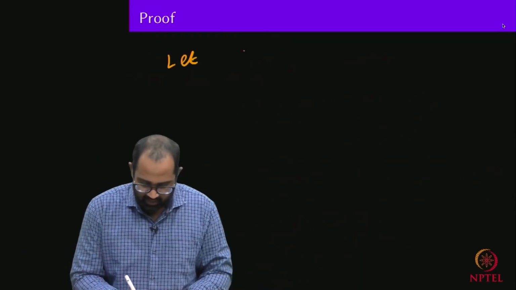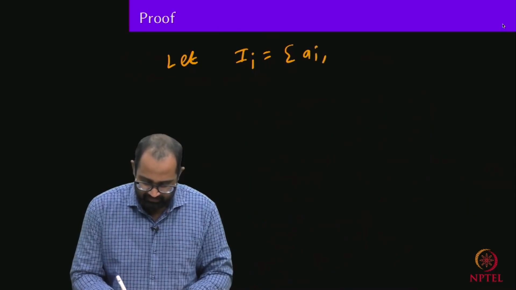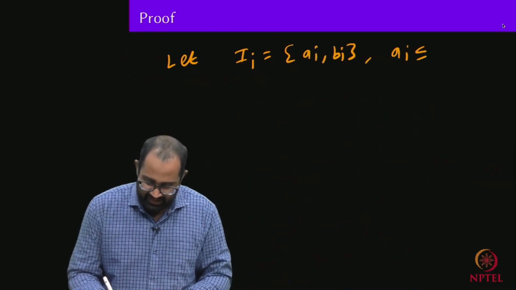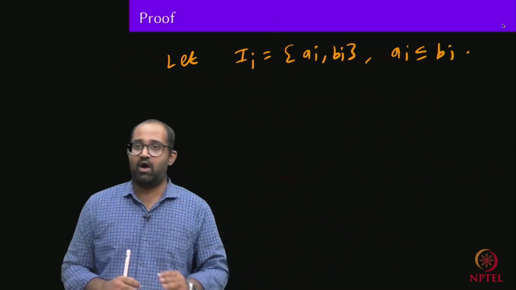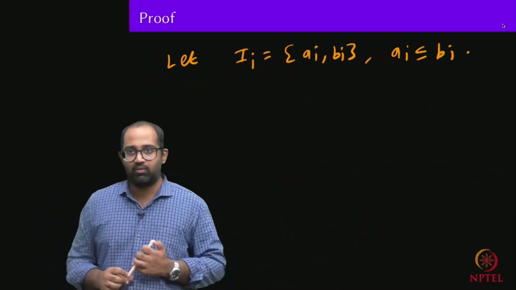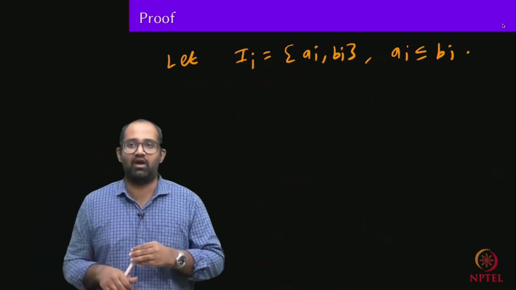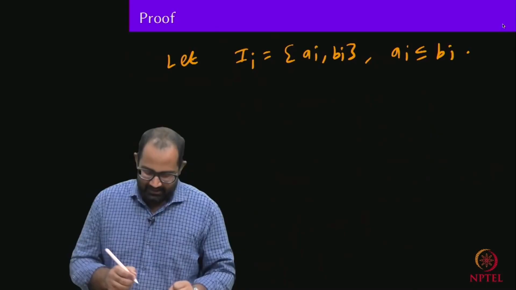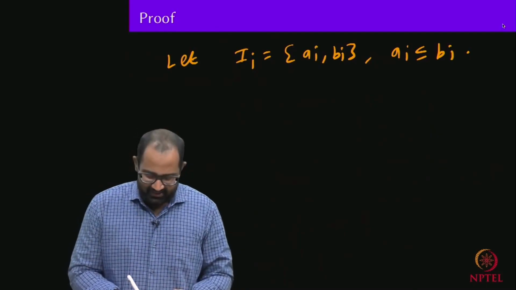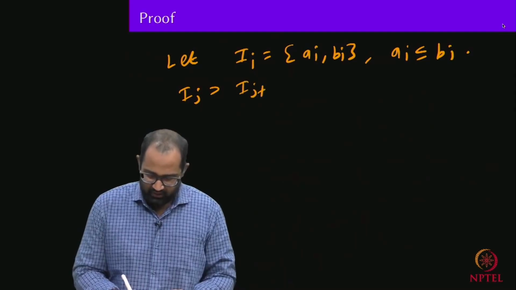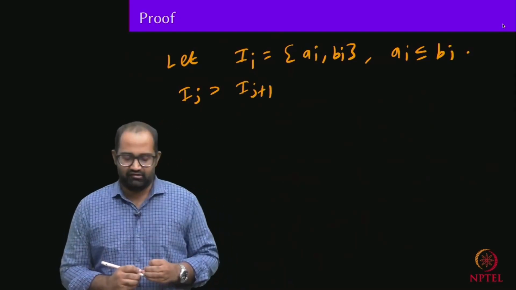Let I_i be equal to the closed interval [a_i, b_i], where a_i is less than or equal to b_i. We are guaranteed that a_i is less than or equal to b_i simply because we are assuming the intervals are non-empty.